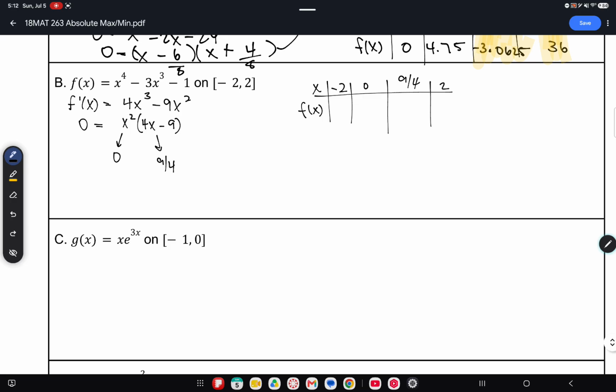So negative 2 gives me 39. 0 gives me negative 1. 9/4 gives me negative 9.54. The decimal keeps going, but that's all I'm going to put there. And then 2 is negative 9. All right, so the highest value is 39, and the lowest is negative 9.4. So there's my absolute max and my absolute min.